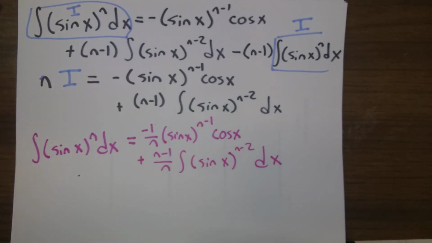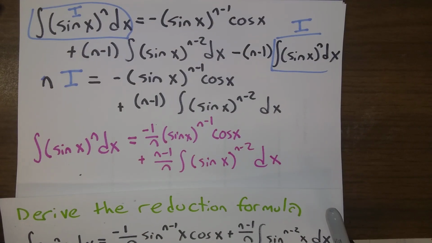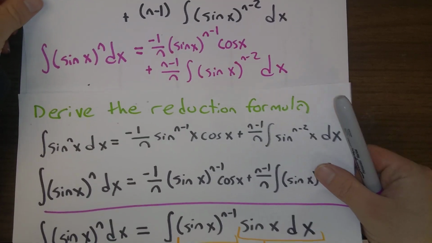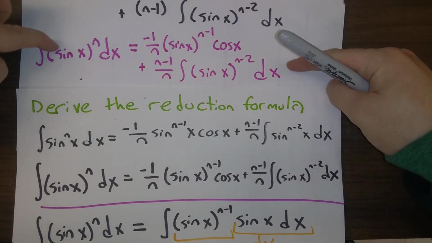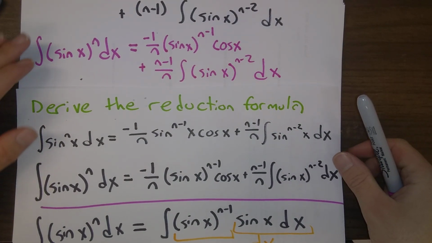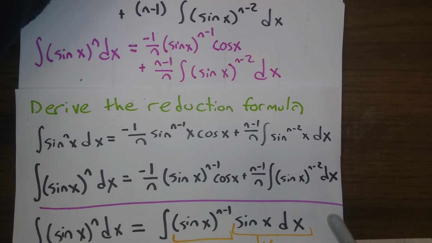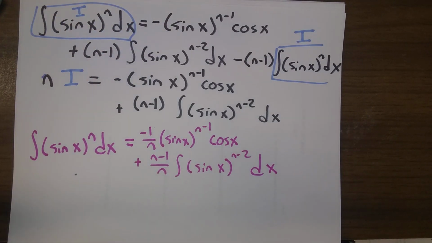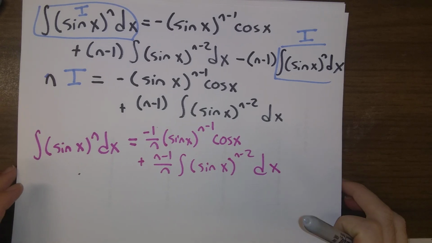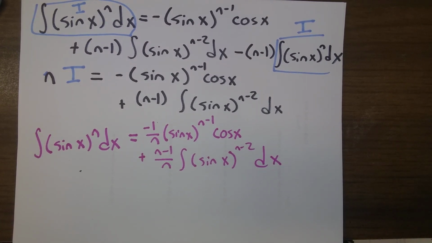And if you take a look and bring back the original page of notes, this is exactly what we were going for. So hooray, we have finished finding this reduction formula.